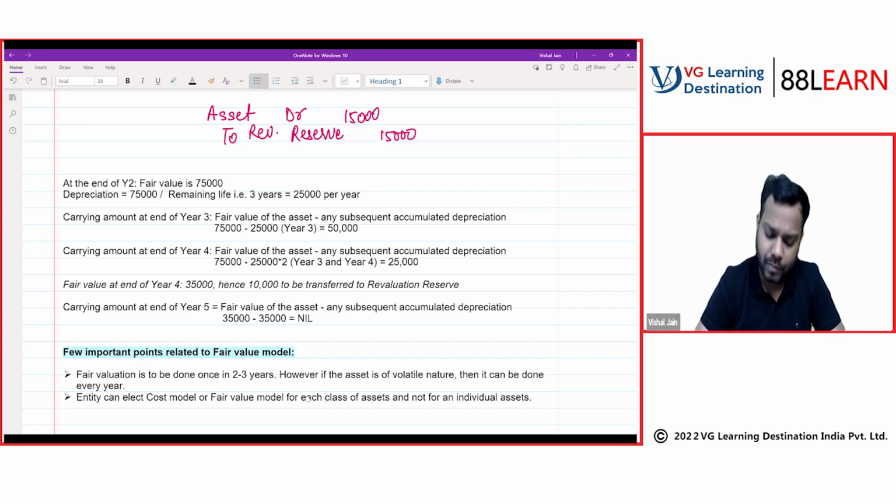Why? Don't you think building is one class of asset? Can anyone tell me the reason why you think the entity can do that? But why are they not of the same class?